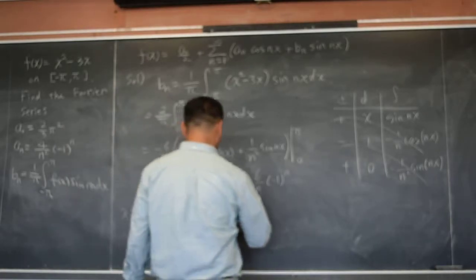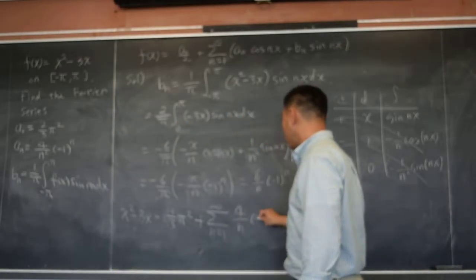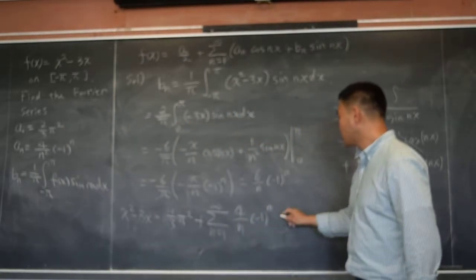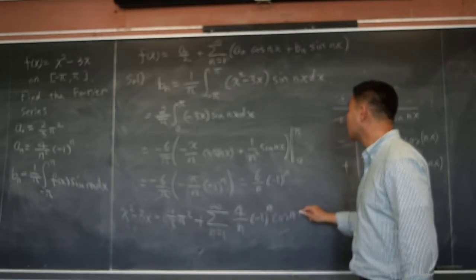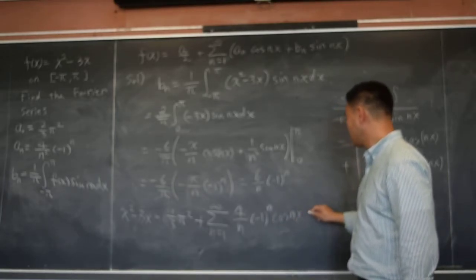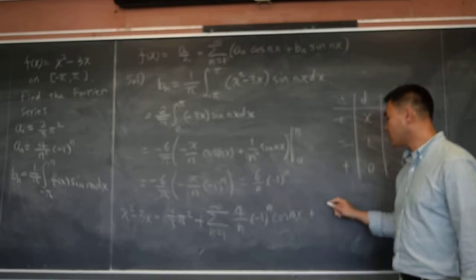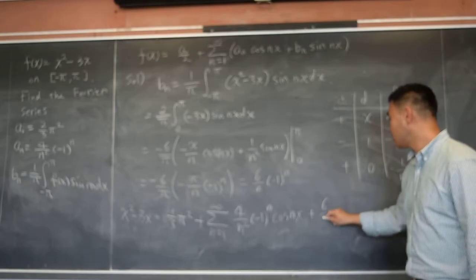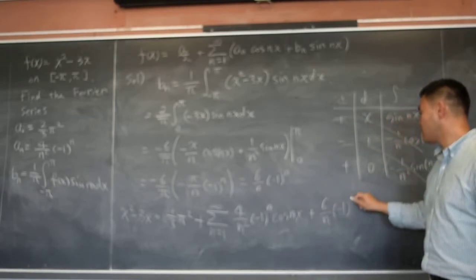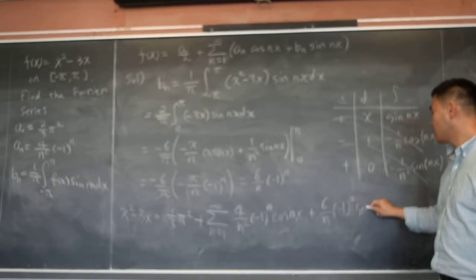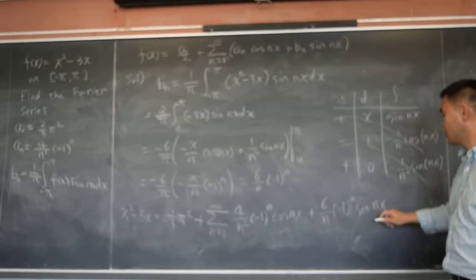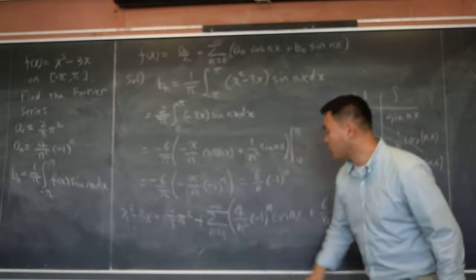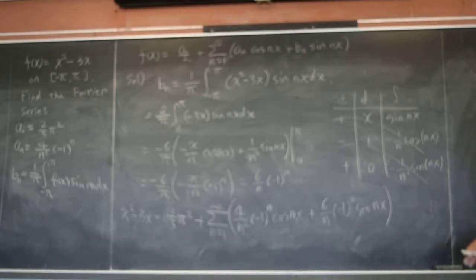So we put 4 over n squared, negative 1 to the nth power, cosine nx, plus 6 over n, negative 1 to the nth power, sine nx. Put a parenthesis here. And that's the answer.